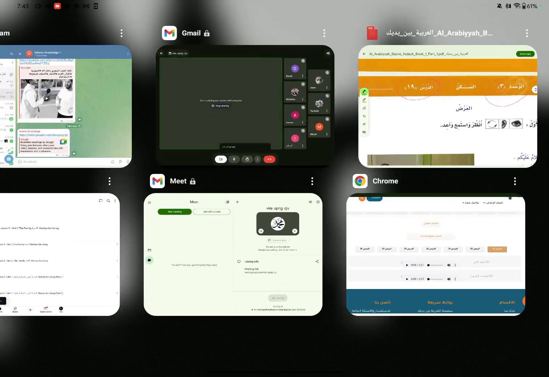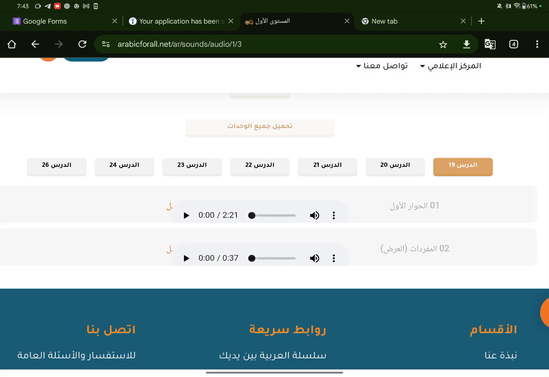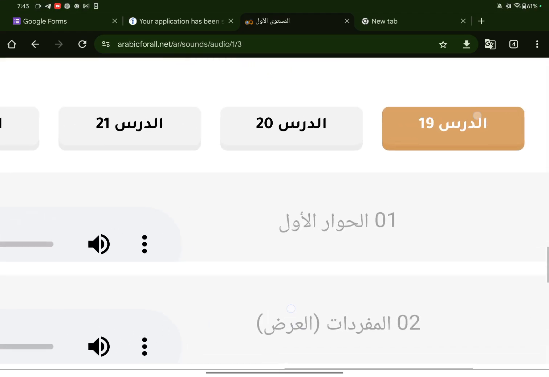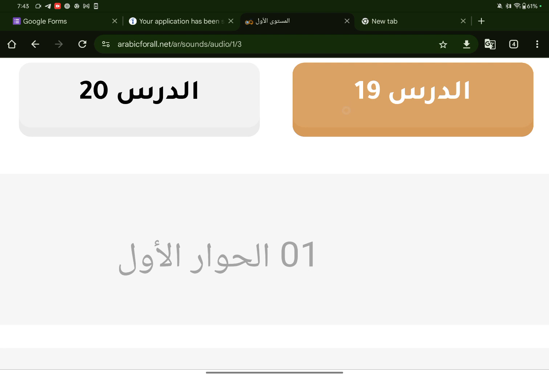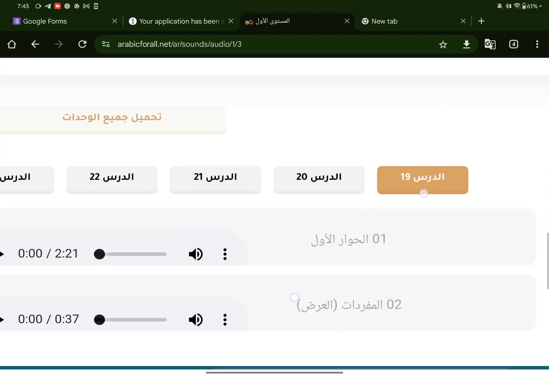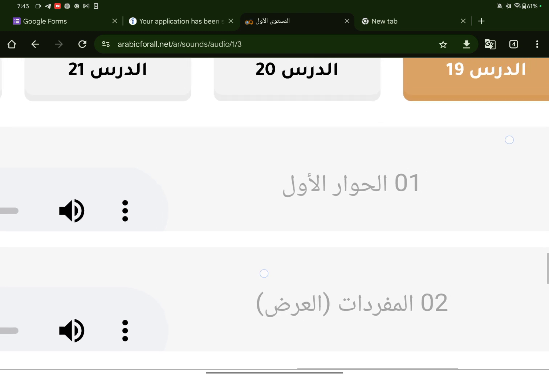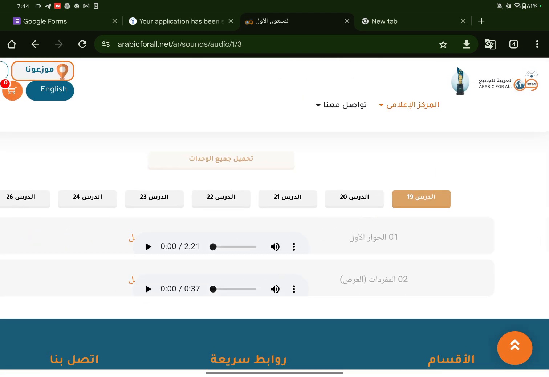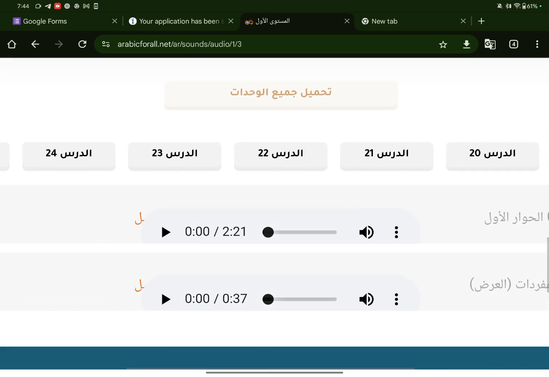So I go back to the website. This here, ad-dars at-tasiyata ashar, you see that tile is highlighted there. And you see right here it says al-hiwar al-awwal. As we know, al-hiwar means conversation, and al-awwal means the first. So the first conversation. Then I press play.